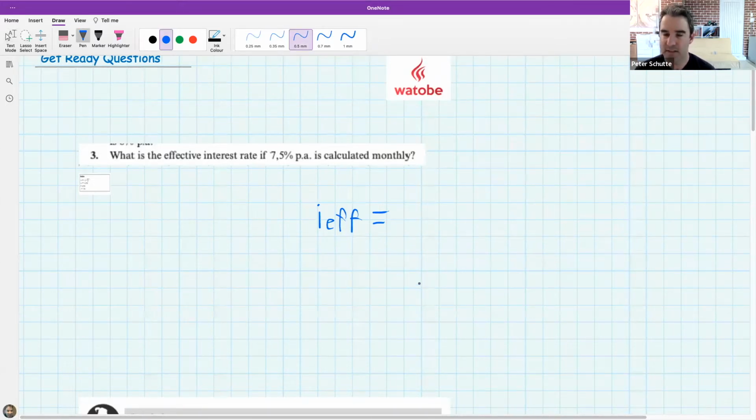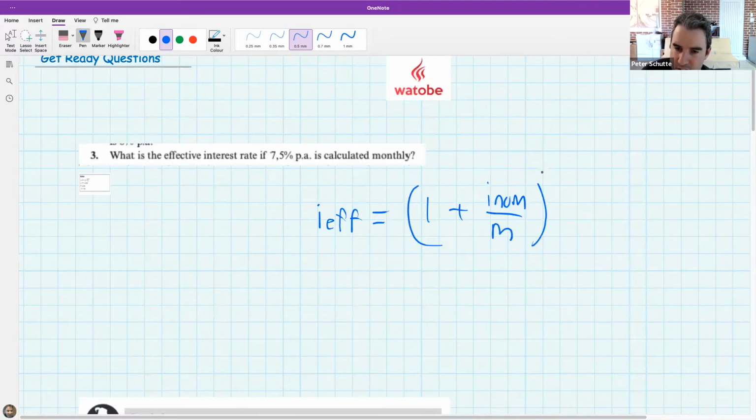So the idea is if you chop up your interest rate periods into quarters, then the effective interest rate would be different than if you had it per year, because of the effect of compound interest, that you get interest on interest. What this formula does is it allows us to take into account the effects of different compounding periods. Sounds like a bit of a mouthful. It's not really that bad, but let me show you the formula.